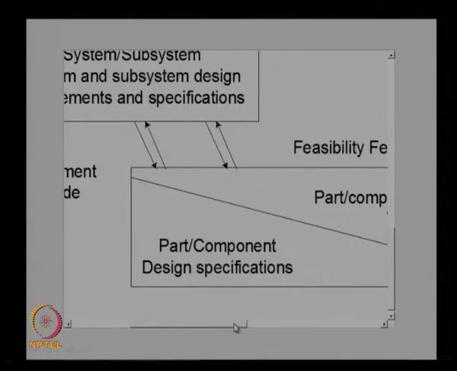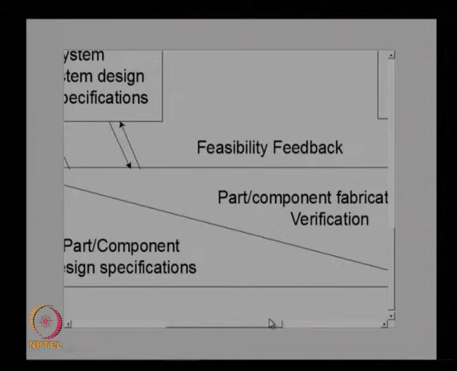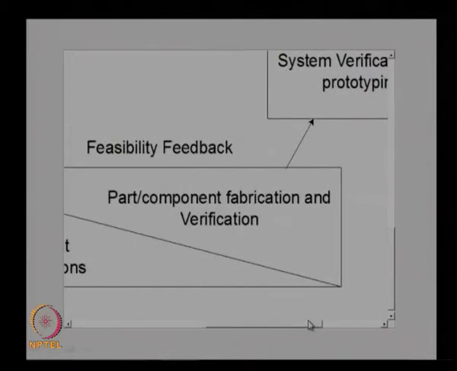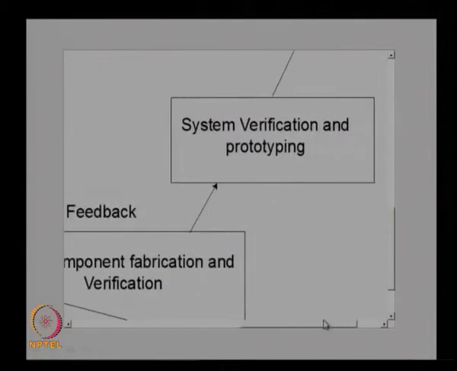So here we develop the individual components and parts for the system, and then we will go for the fabrication. The part and component fabrication and verification will be done, and once these parts and components are verified, we will go for the system verification and then fabrication of the first prototype from these components.